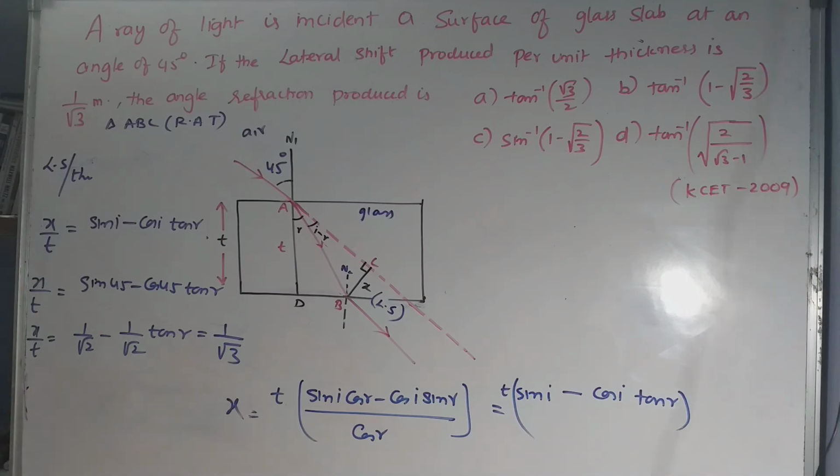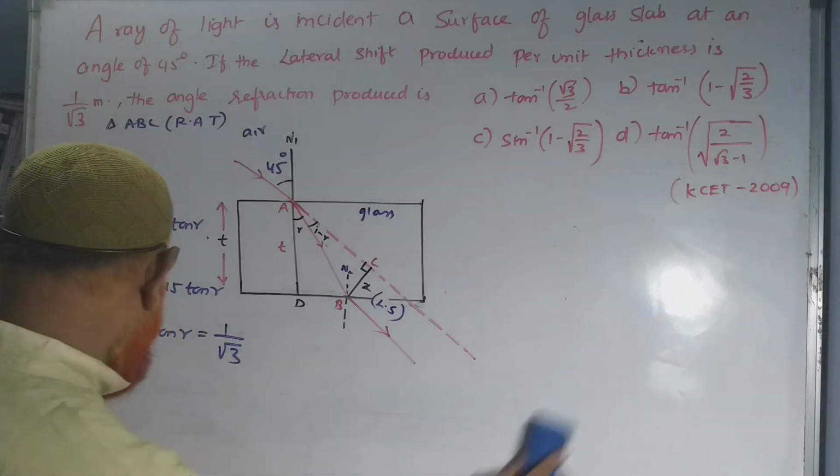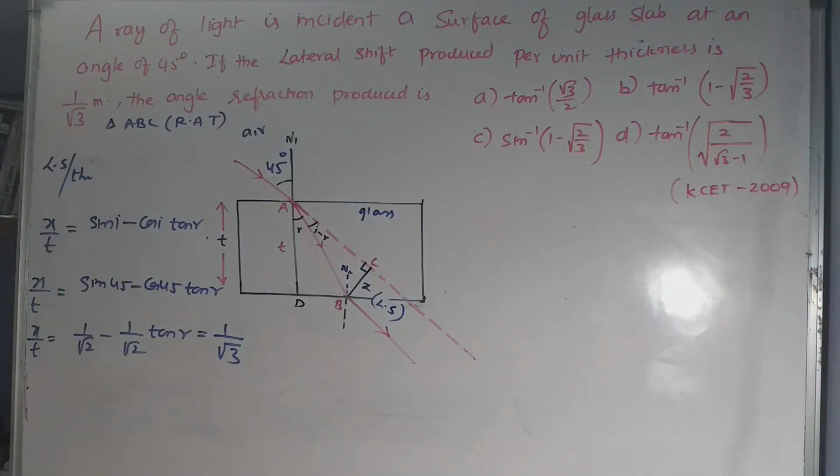So we don't have any work with this now. I am going to rub it for extra space required to write the problem over here. So therefore x by t is equal to 1 by root 2 times (1 minus tan r), which is equal to 1 by root 3. There is no work with this now because the value of it is given.